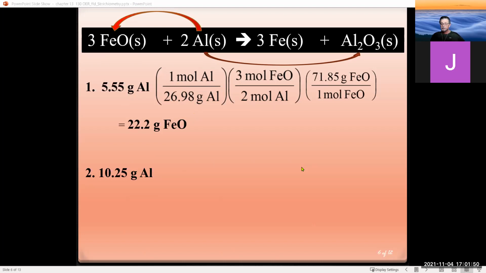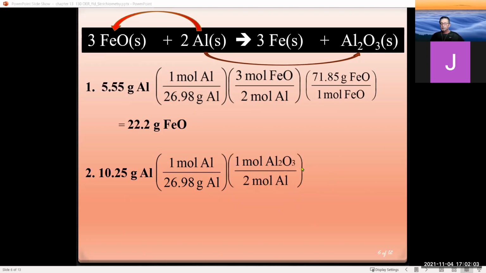So like the first example, I need to convert aluminum to moles. So I have my atomic weight that gets me into moles of aluminum. Next is my stoichiometric relationship, or the mole ratio from the balanced chemical equation. There's one, that is a 1:2 ratio, 1 aluminum oxide to 2 aluminums.